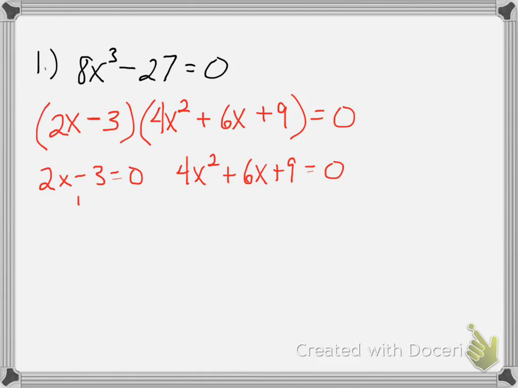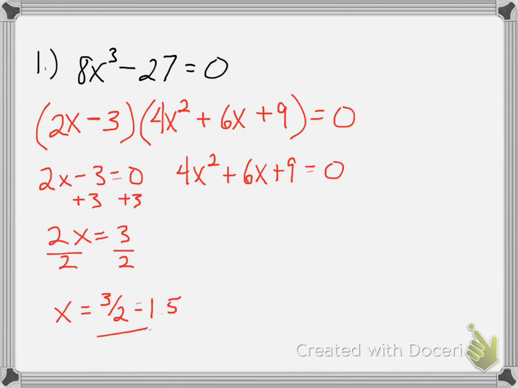You add 3 to both sides, and then you divide by 2. So one of your answers is x equals 3 over 2, or 1.5. It's the same number, whether you do it as a fraction or a decimal. Okay, that's one of your answers. Now to figure out this one, you have to think about factoring.